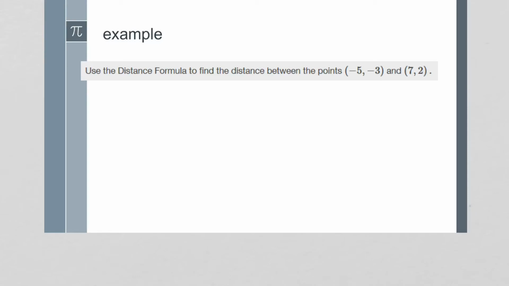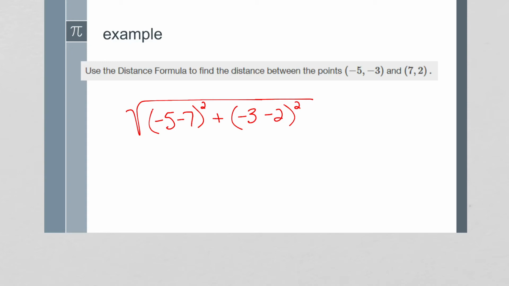Okay, so remember, using the distance formula, we want the square root of the difference between our x values, so -5 minus 7, and we want to square that. We want to add that to the difference of our y values, so -3 minus 2, and we want to square that. So let's do some math here.